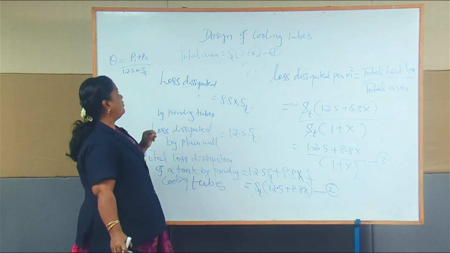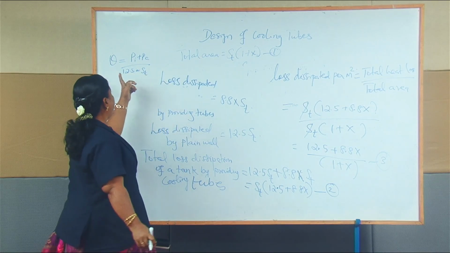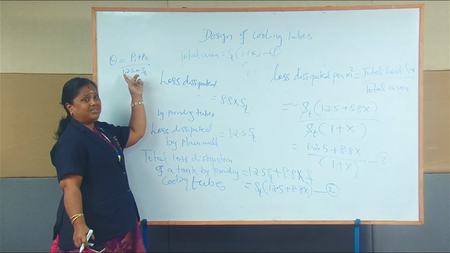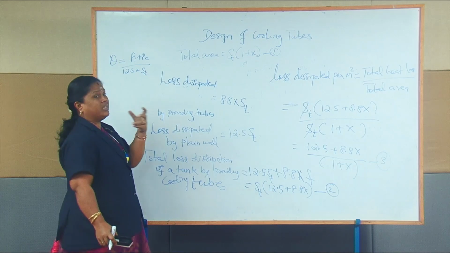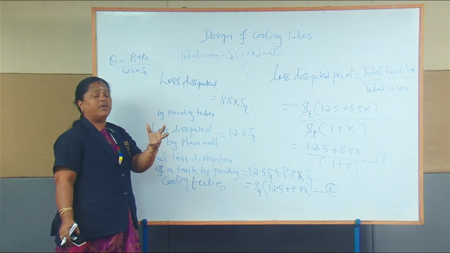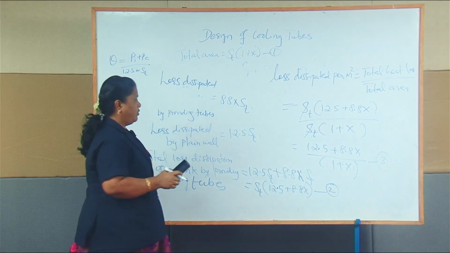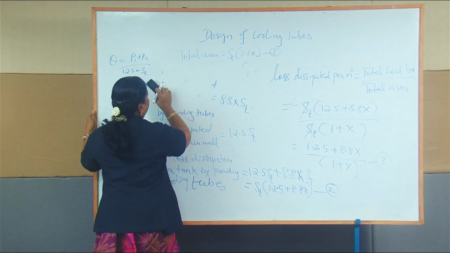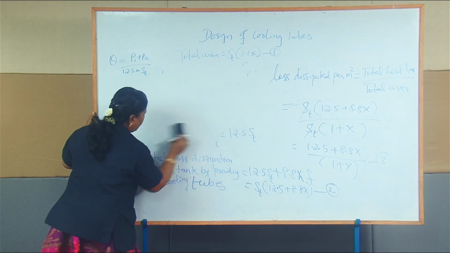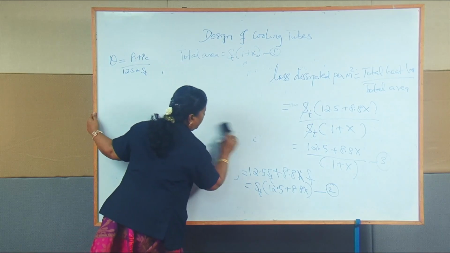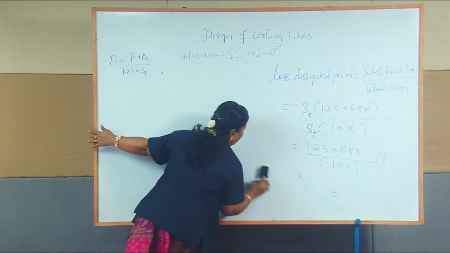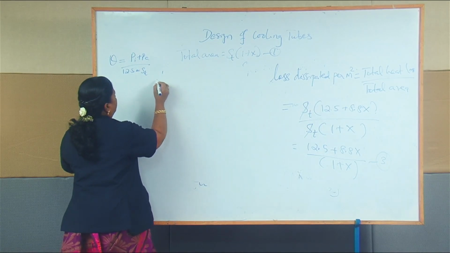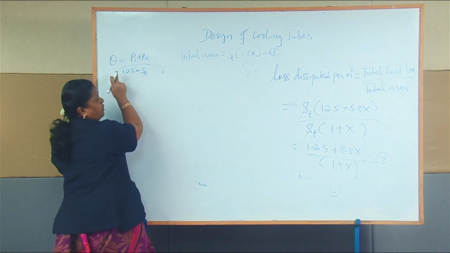Next, what do we have to calculate? We have to calculate theta, the temperature rise. What is the expression of the temperature rise by providing cooling tubes? The earlier temperature rise formula was for the plain wall tank.